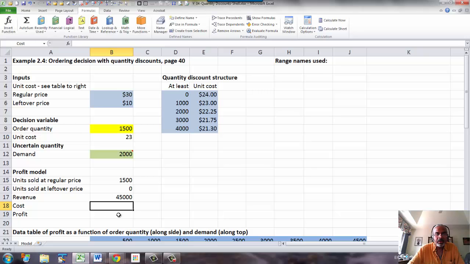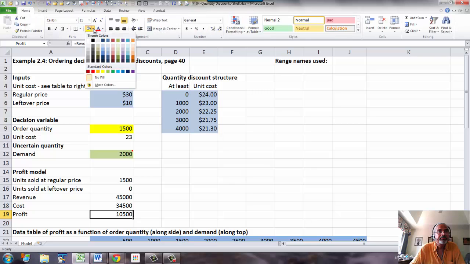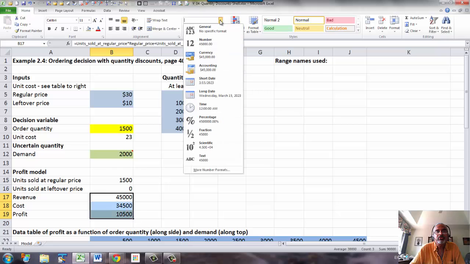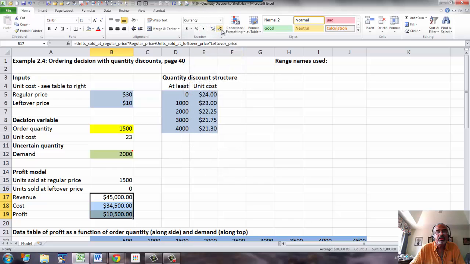The cost now is how many units you're going to order times cost per unit. Now we have the revenue, we have the cost. Revenue minus cost will give you the profit. That is our output cell, and these three are dollars, so we'll convert those to dollar format and remove the decimal places.